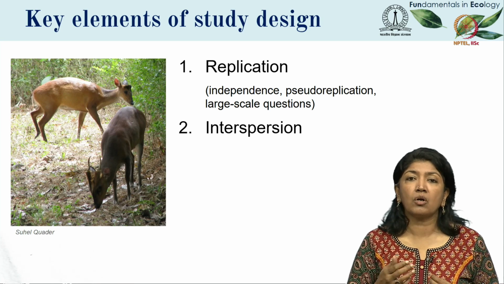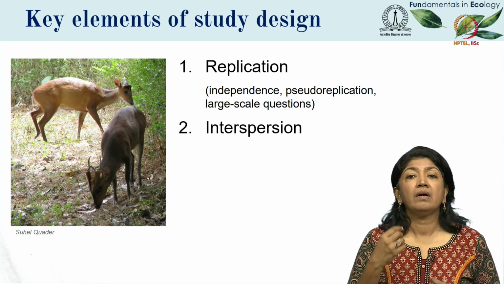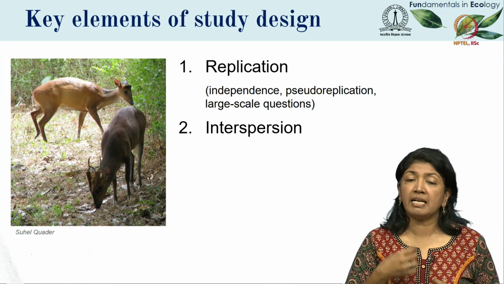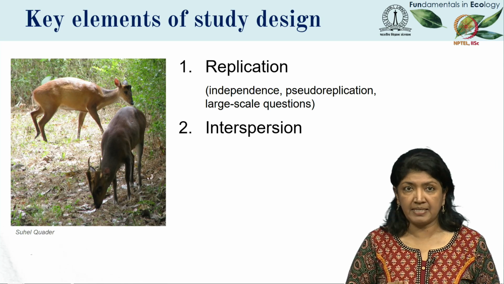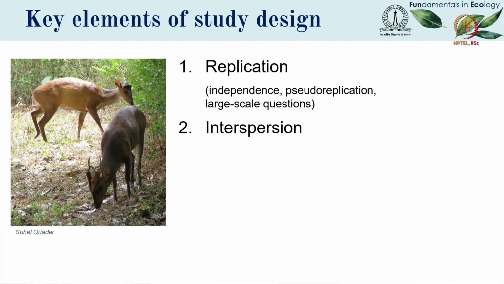We have also talked about the importance of interspersion and how this can help deal with confounding variables like time and space. So, that brings us to the end of the first session on study design.